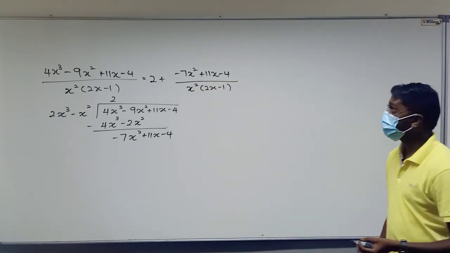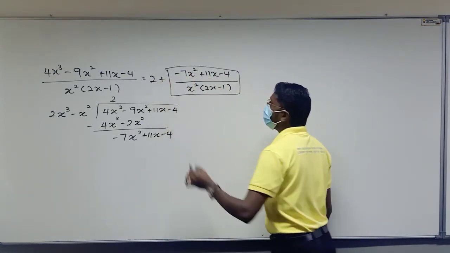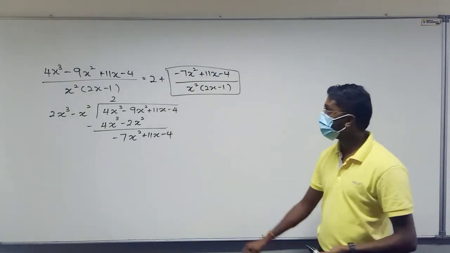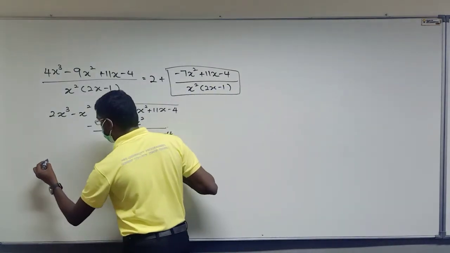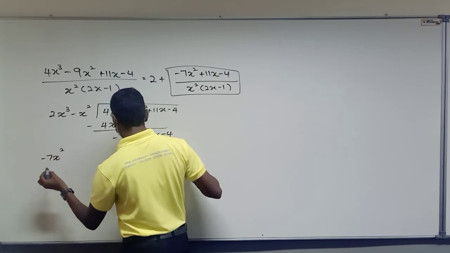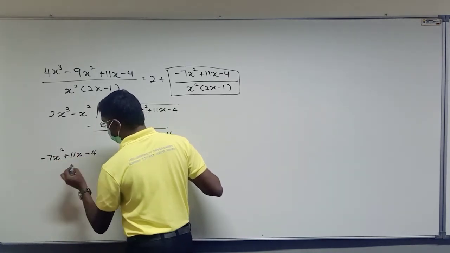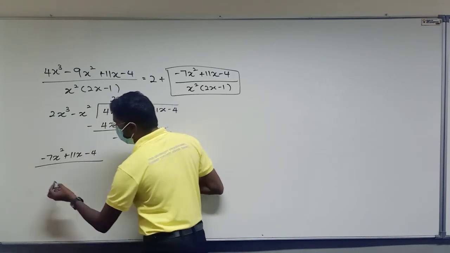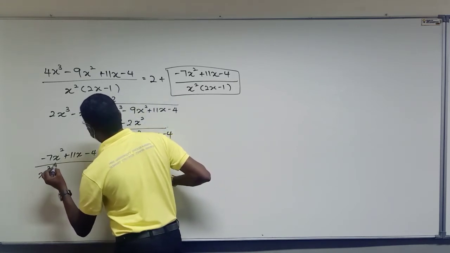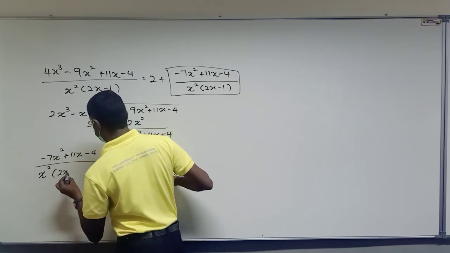Okay. So now we're going to transform this into partial fractions. So we carry out negative 7x squared plus 11x minus 4 divided by x squared times 2x minus 1.